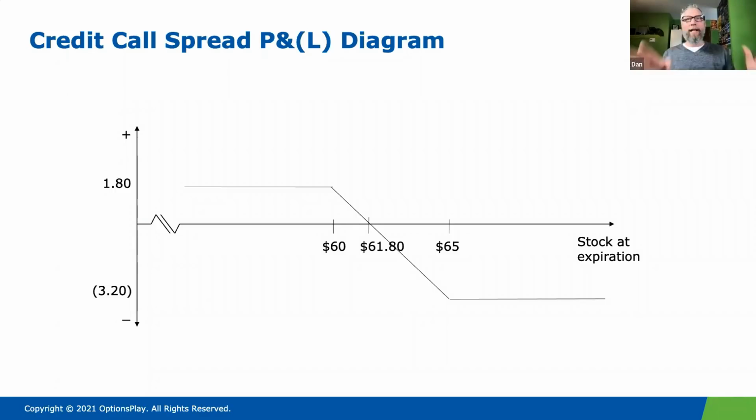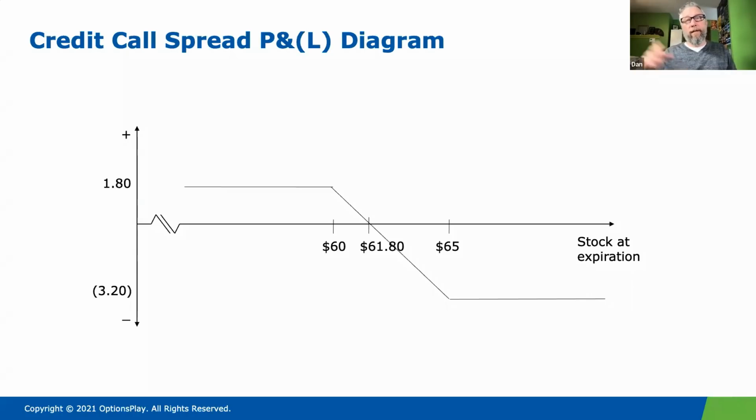Now, just looking at this graph, what do you think the worst thing is that can happen? Well, what if the stock goes up above $65 a share and is trading there at expiration? That's the worst case scenario. Why? Because the 60 call that we're short would get assigned and I would have to short stock at $60 a share.